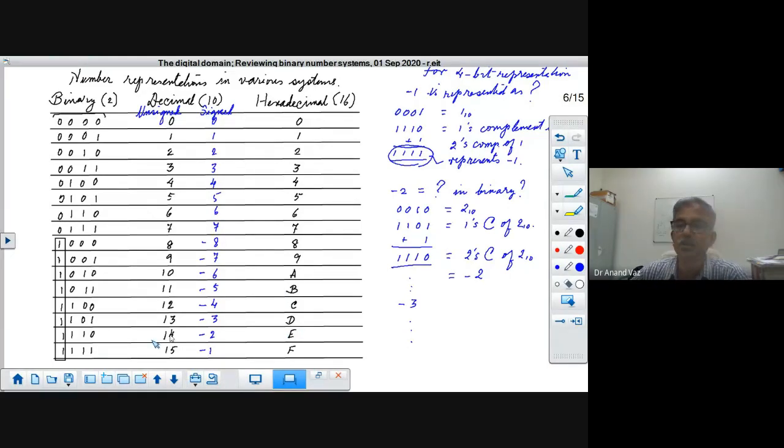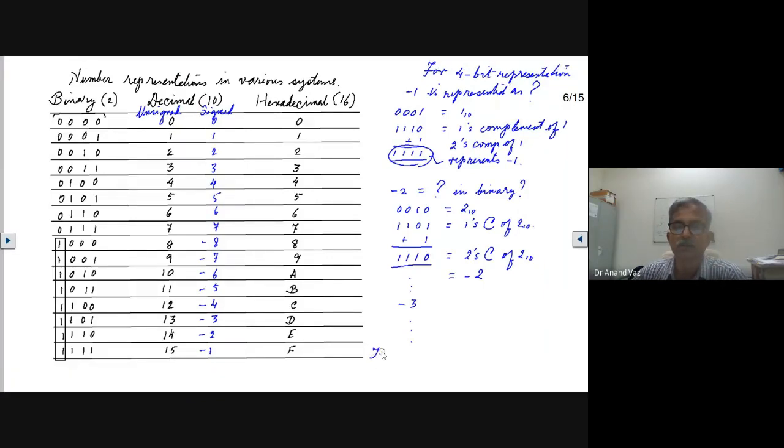So we'll make this observation also here that the most significant bit, this bit on the extreme left, is actually the most significant bit.